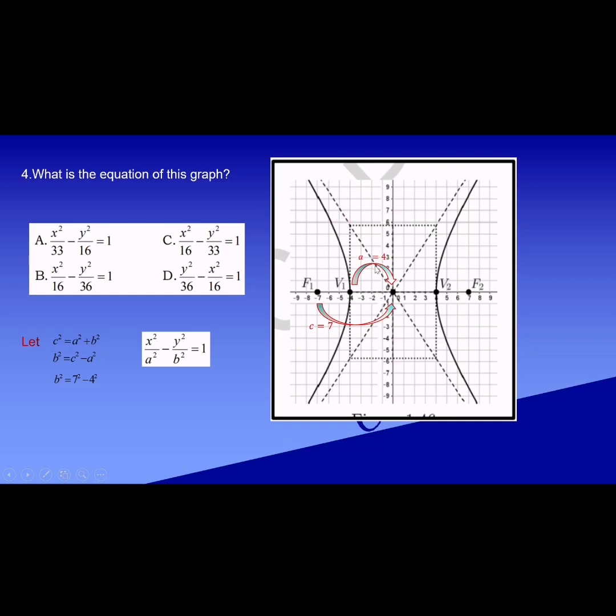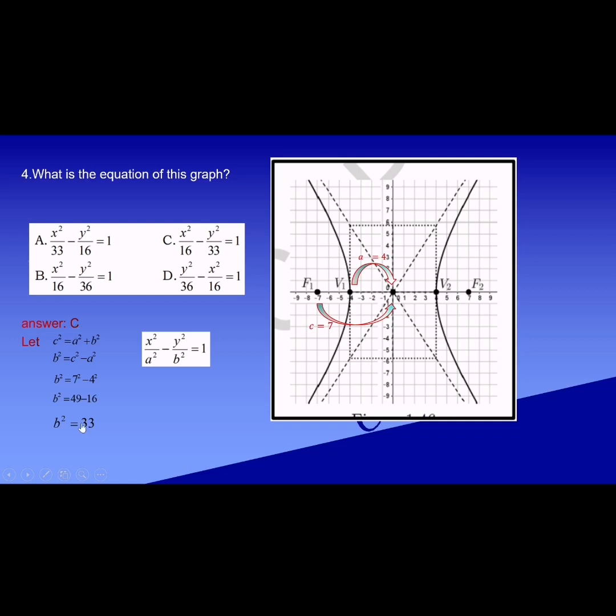Yan ang sa vertex, ang sukat is 4. So 4 squared. So 7 squared is 49. 7 times 7, 49, minus 4 times 4, 16. Then get the difference. 49 minus 16 is 33. So we have here b squared is equal to 33.